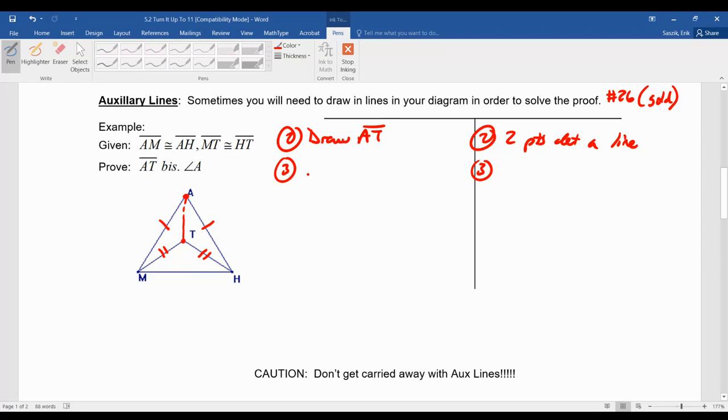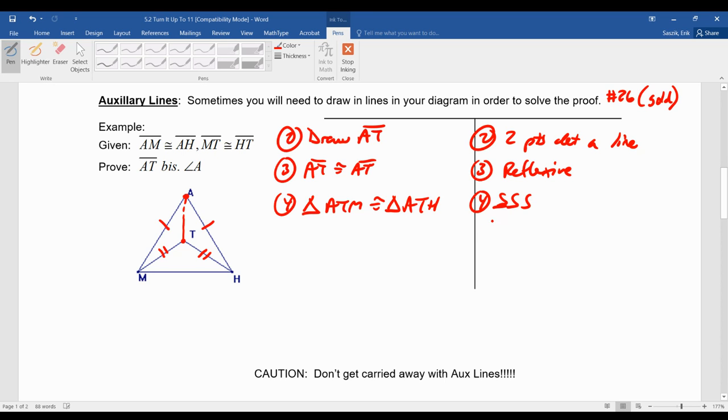So now you've probably recognized, hey, I got some reflexive action there. So I can now prove triangle, remember, make sure you match them up correctly, triangle ATM to triangle ATH. And that would be SSS.